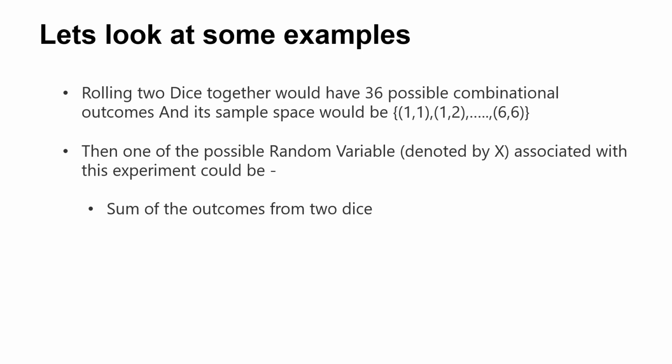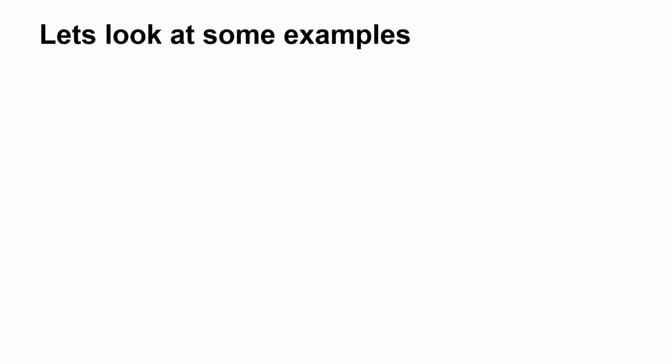Whatever number you get on each of them, you just sum it up, and that is your outcome. So if I have to ask you, what values can this random variable take? Its range would be 2, which is 1 plus 1, 3, which is 1 plus 2 or 2 plus 1, 4, which is 2 plus 2, 1 plus 3, or 3 plus 1. So these could be the only possible combinations. Some numbers would be available with this experiment, right?